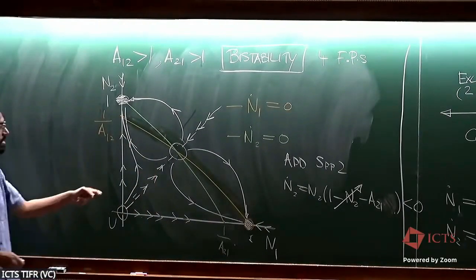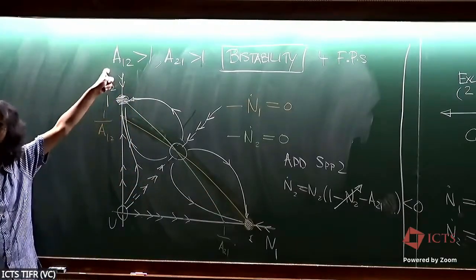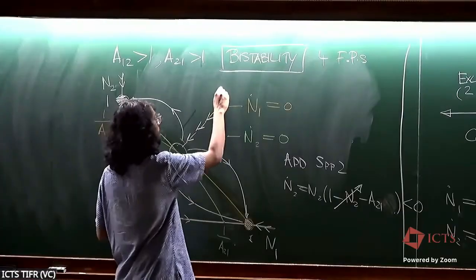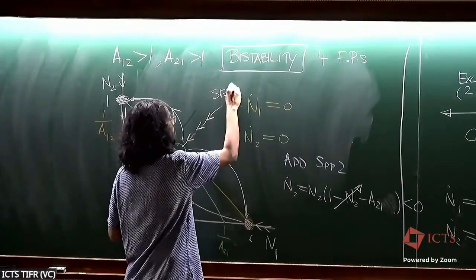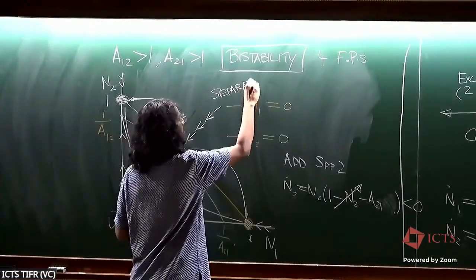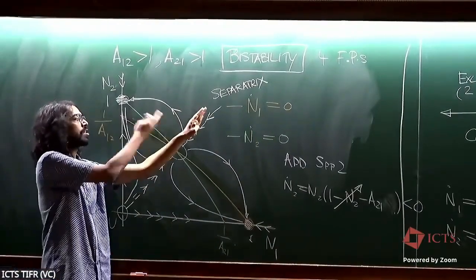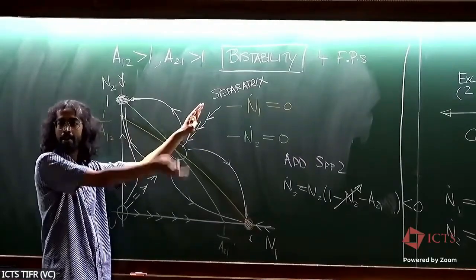So really what is happening is that there are two stable fixed points separated by what's called a separatrix. That joins the two different basins of attraction, right?